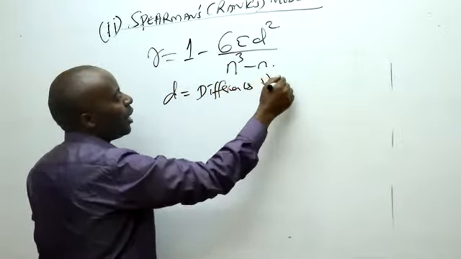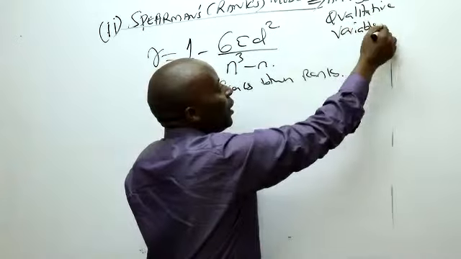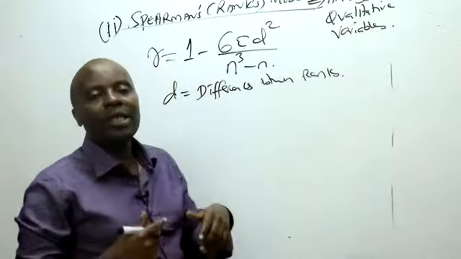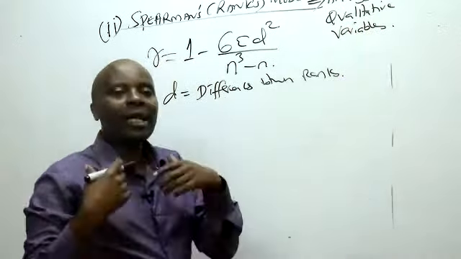And then the most important thing that you're supposed to know, ladies and gentlemen, regarding Spearman's model is that Spearman's model is normally used to analyze qualitative variables, those variables that are neither measurable nor countable.